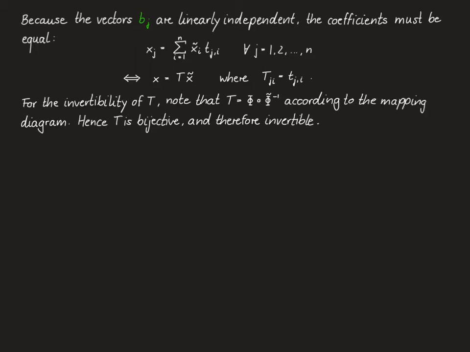For the existence of T inverse, note that T can be written as the combination of phi with phi tilde inverse according to the mapping diagram at the beginning of the proof. Hence, T is bijective and therefore invertible. The proof for y being equal to a matrix R times y tilde is of course analogous.